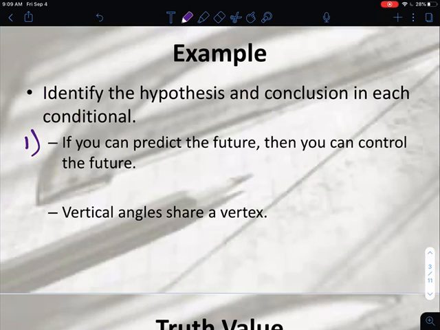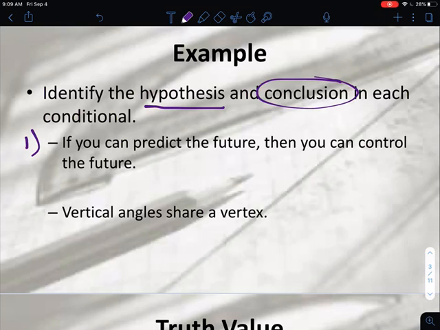on this first example here, it says if you can predict the future, then you can control the future. So one of the things you're going to be expected to do is take a conditional statement and identify the hypothesis, which we're going to underline, and the conclusion, which we're going to typically circle. And generally the instructions will tell you that. So we're going to underline the hypothesis, circle the conclusion.